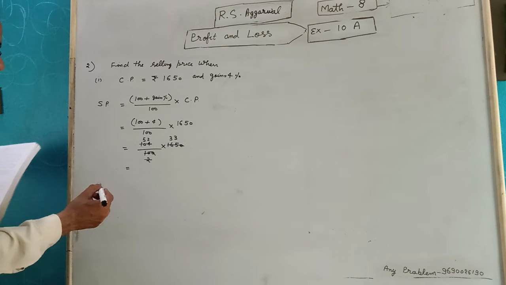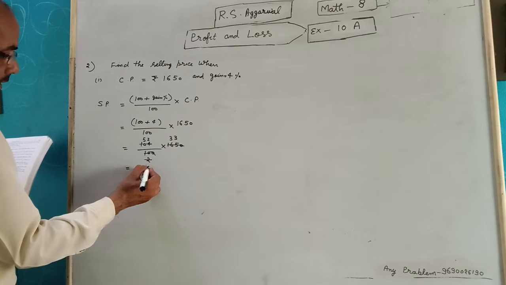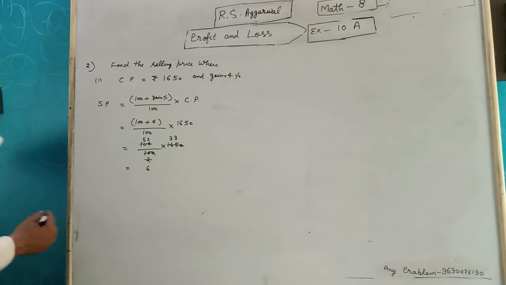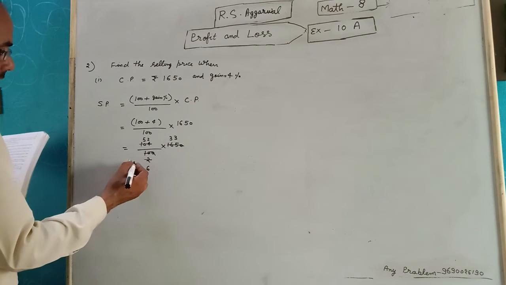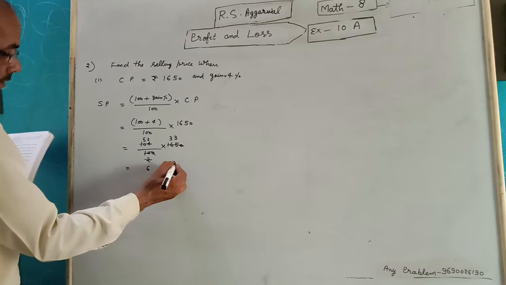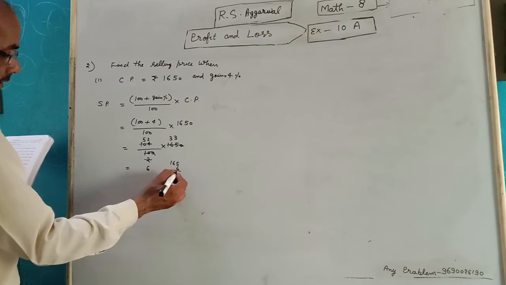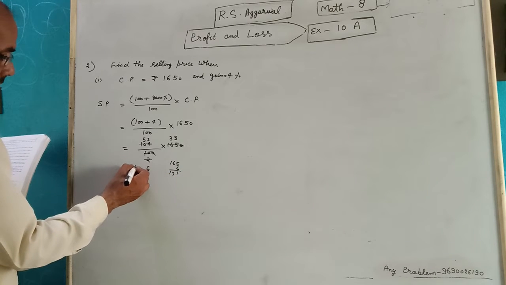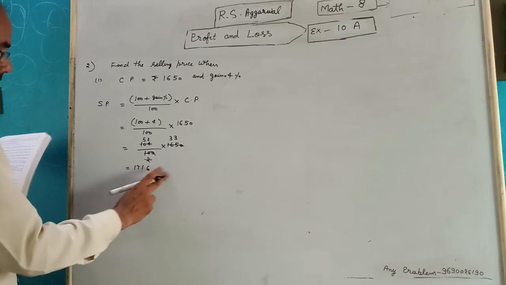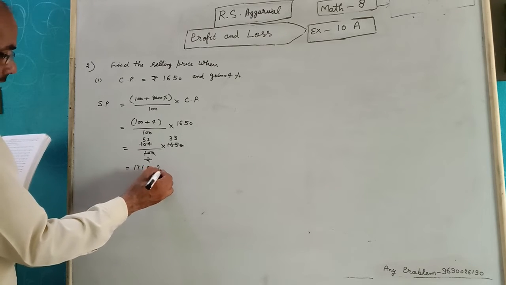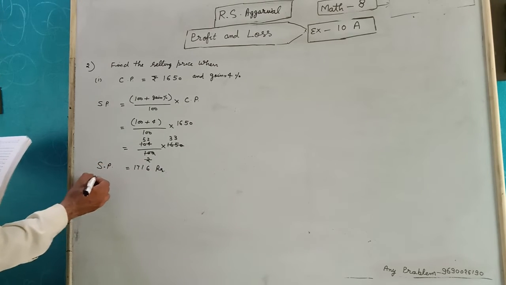After multiply 30, 2 ja 6, 6 carries 165, 33 5 ja 165, and 6, 171. 1716 rupees will be our SP.